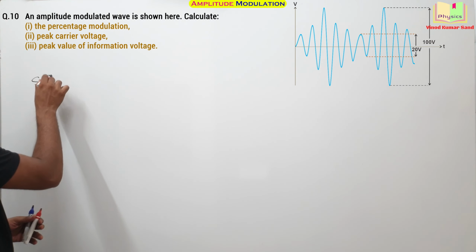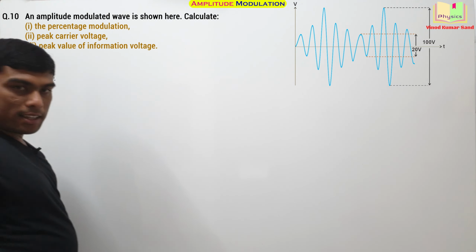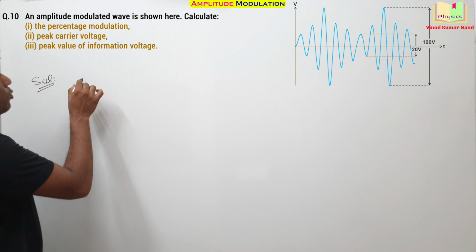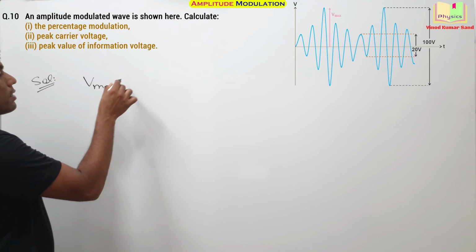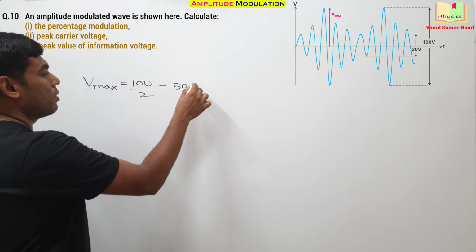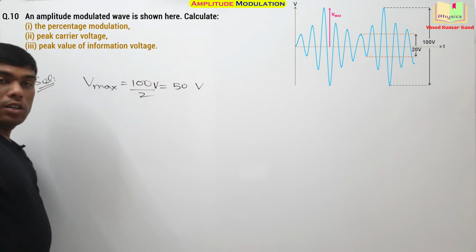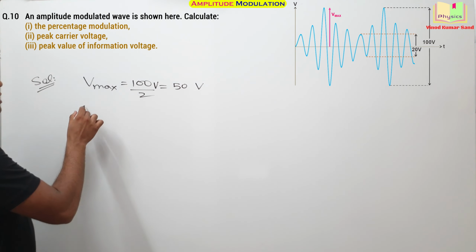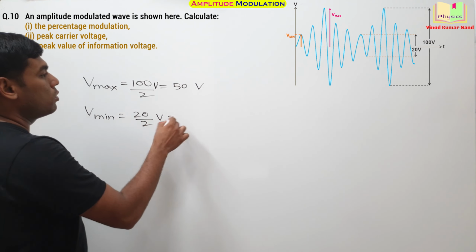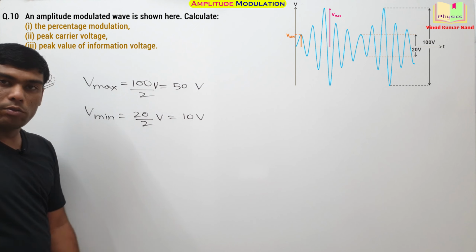Okay, I'm simplifying the things here. First of all, looking at the diagram, we can obtain Vmax will be equal to 100 by 2, which is equal to 50 volt. Do you agree? The Vminimum will be equal to 20 by 2, which is equal to 10 volt.